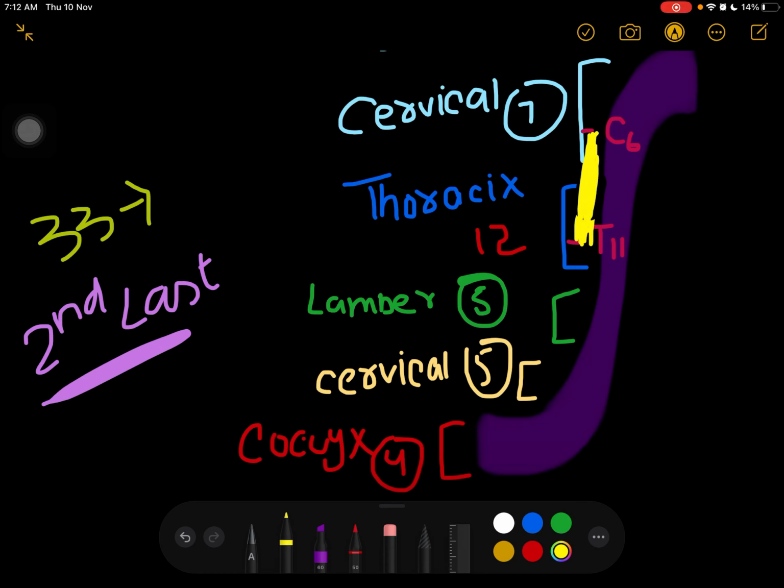This is your esophagus, which starts from C6 to T11.